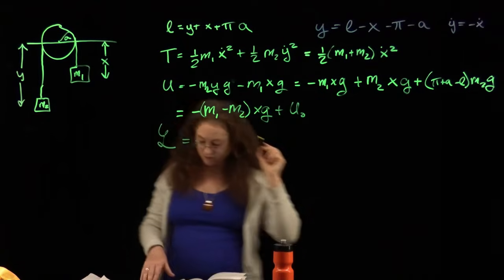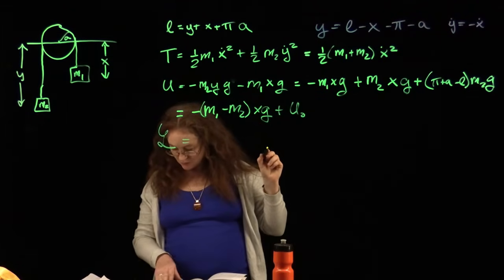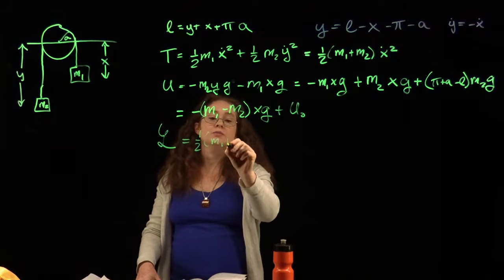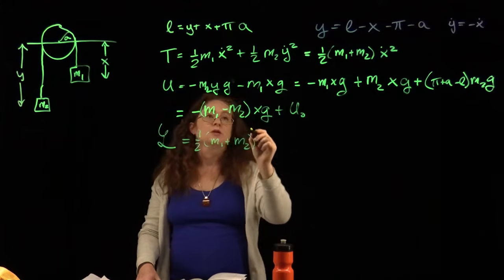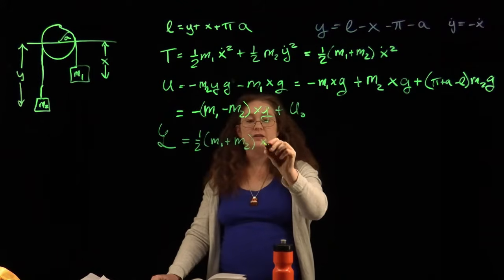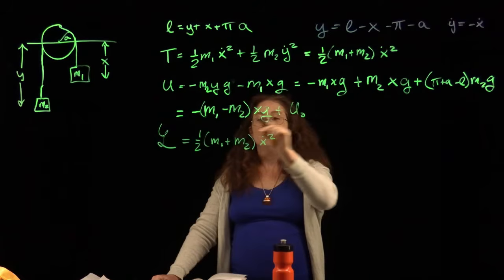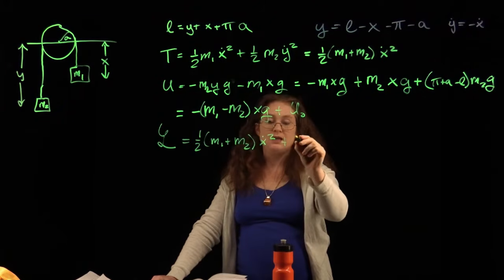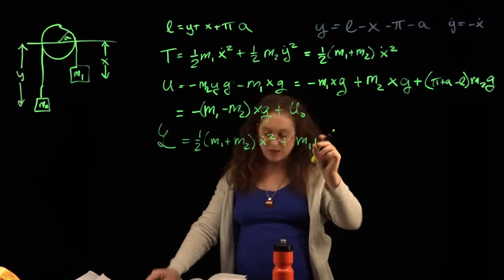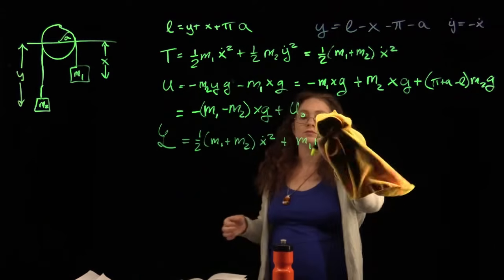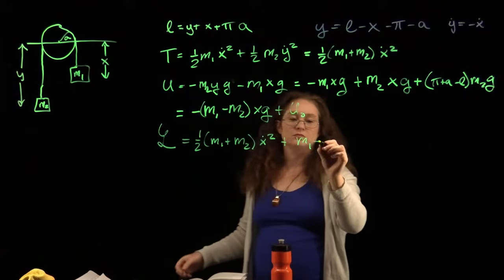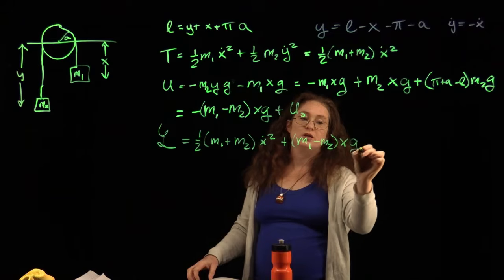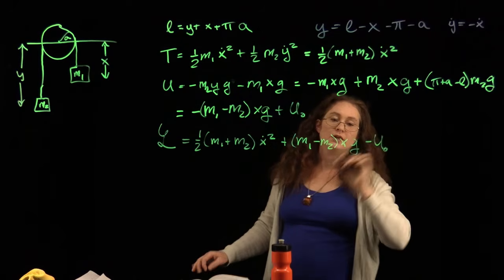So then our Lagrangian is 1/2 (m1 plus m2) times x dot squared minus the potential, so plus (m1 minus m2) x g minus U naught.